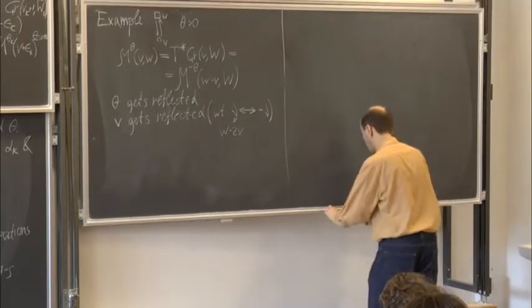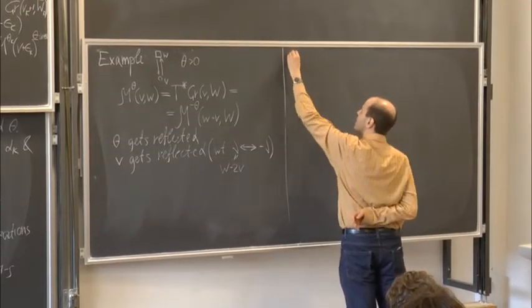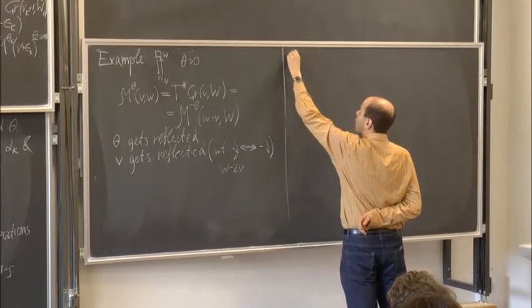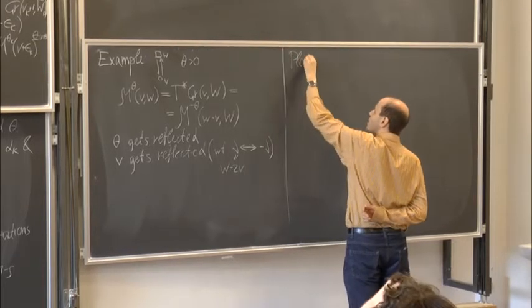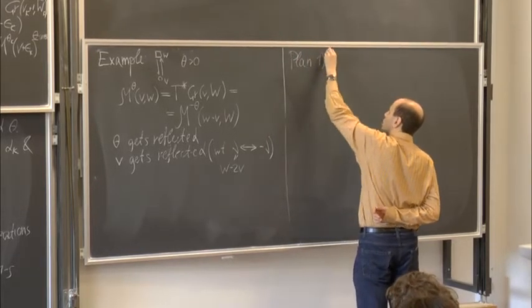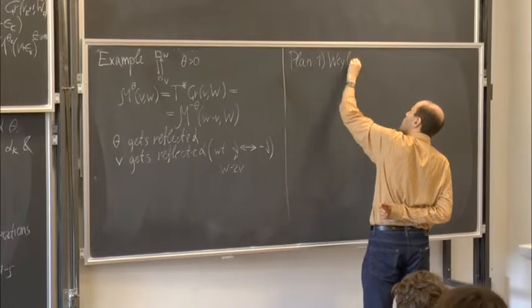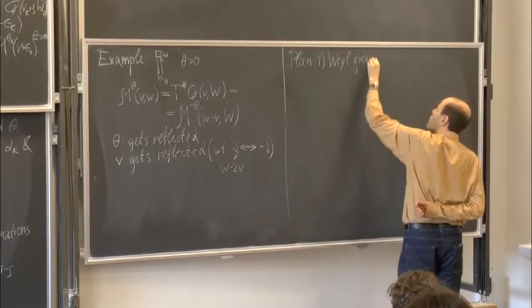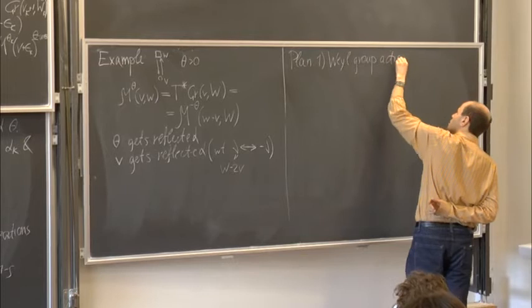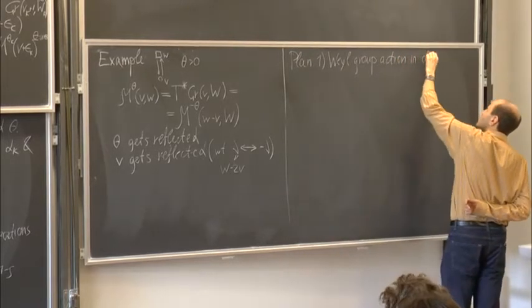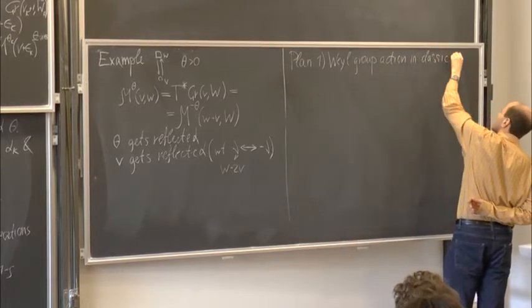So now the plan is first I'm going to produce a Weyl group action in the classical case, meaning on the usual Q varieties.